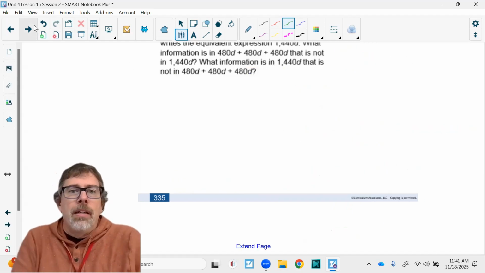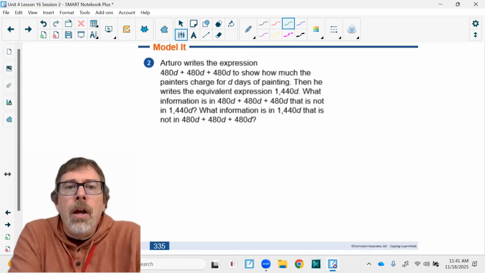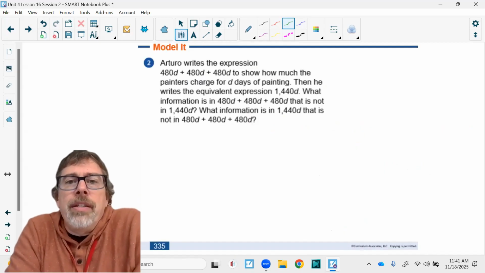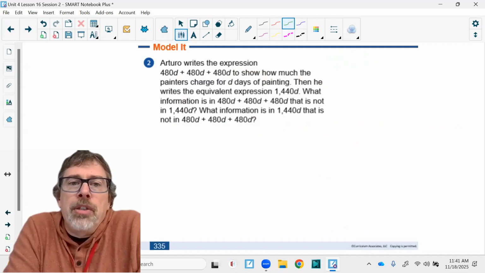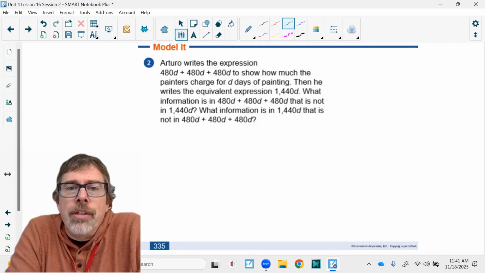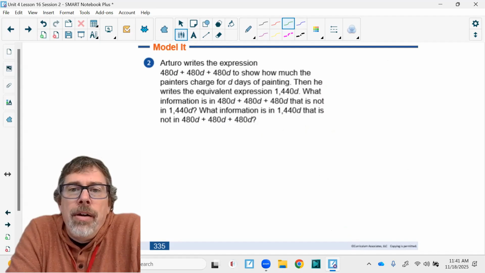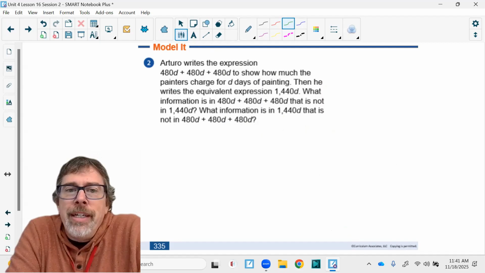Okay. Next problem. Arturo writes the expression 480D plus 480D plus 480D to show how much the painters charge for D days of painting. Then he writes the equivalent expression 1440D, which is 480 times 3.